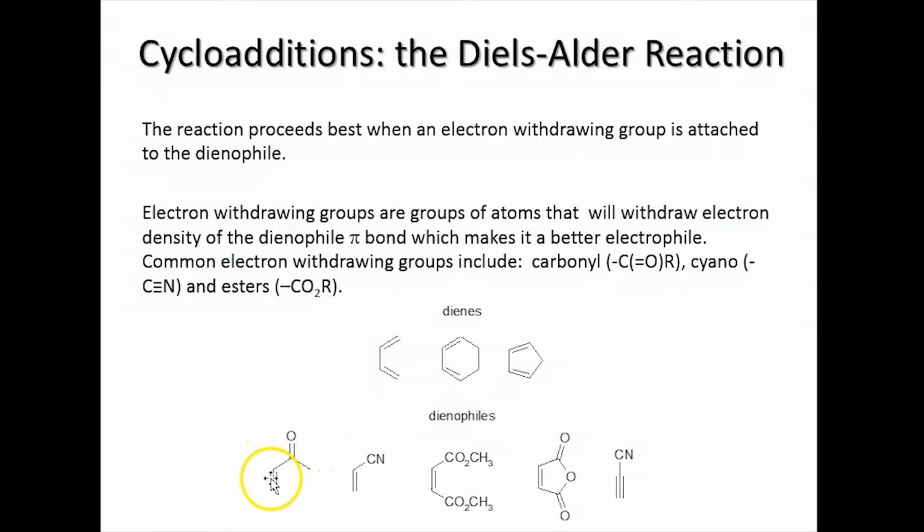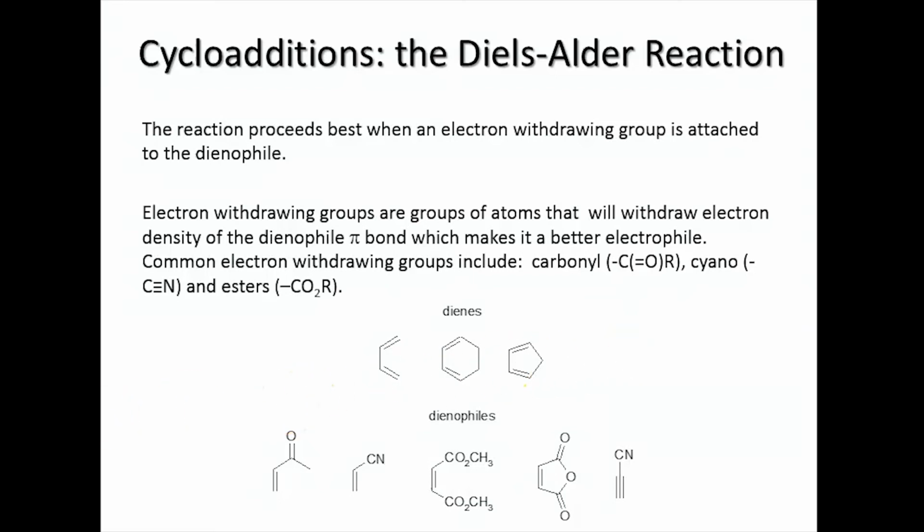So now we're using a molecule that contains a ketone species. In this case, we have a cyano group. Here we have a diester. These groups are ester groups about our diene. This is maleic anhydride. This is very commonly used in undergraduate laboratories in the Diels-Alder experiment.